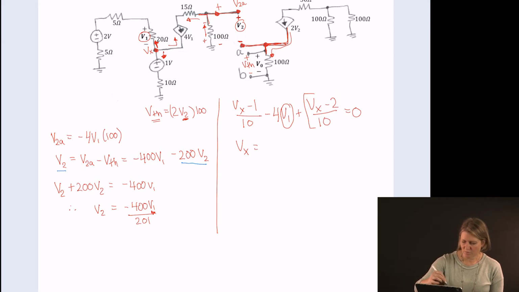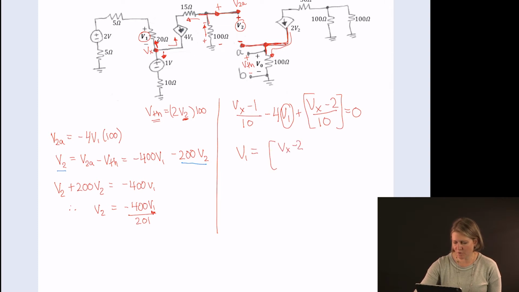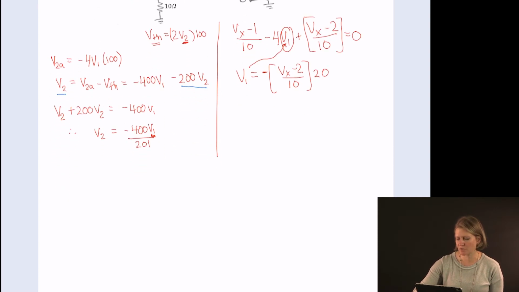So V1 is going to equal Vx minus 2 over 10. And that current is going in this direction, and V1 is opposite that. So it's going to be a minus times 20. And now I can plug this in for V1 and have one equation with one unknown.